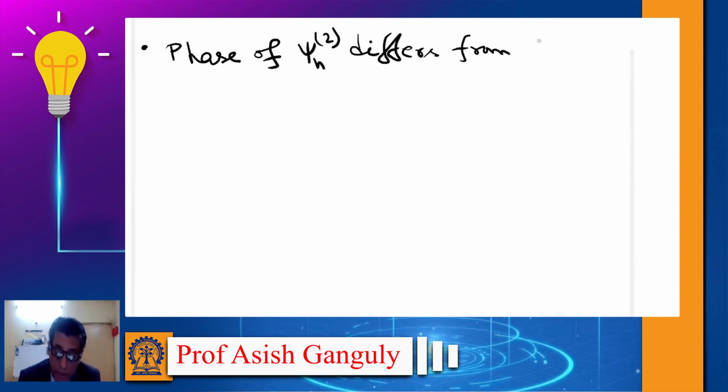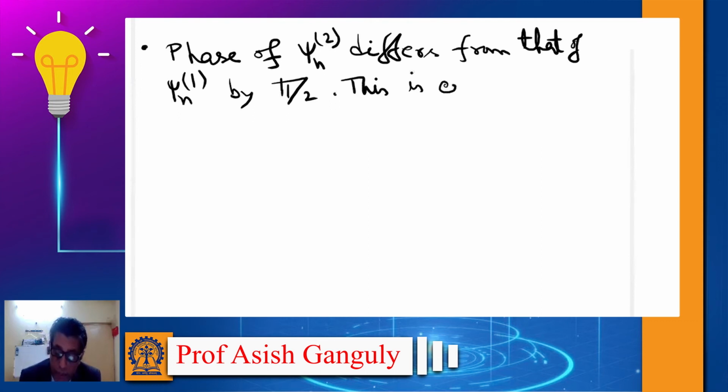The phase of psi n2 differs from that of psi n1 by pi by 2. In the language of waves, this is called phase shift.